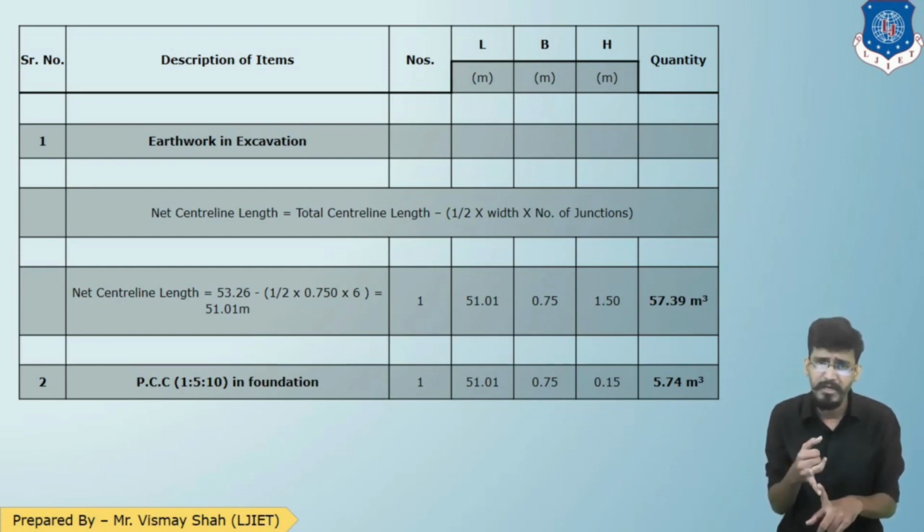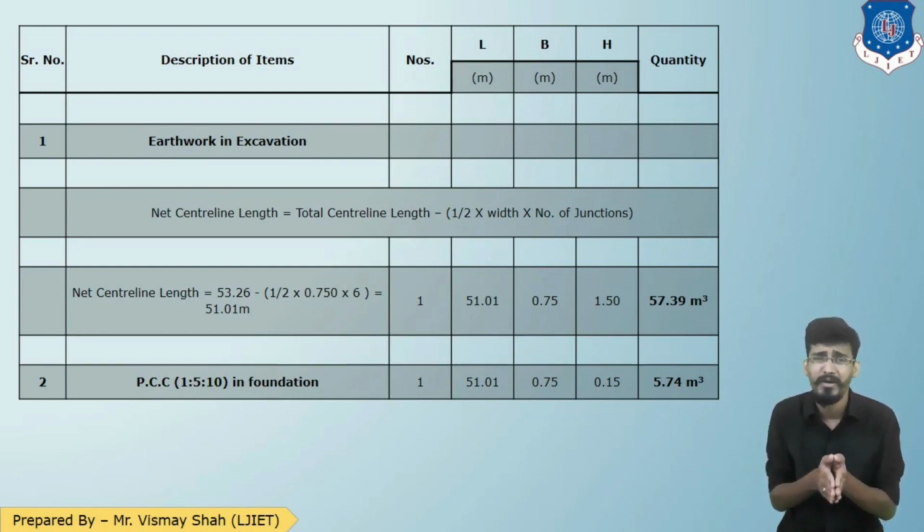Here L was in meter, B was in meter and H was in meter, so the final quantity will be in meter cube. The unit must be written with the quantity.